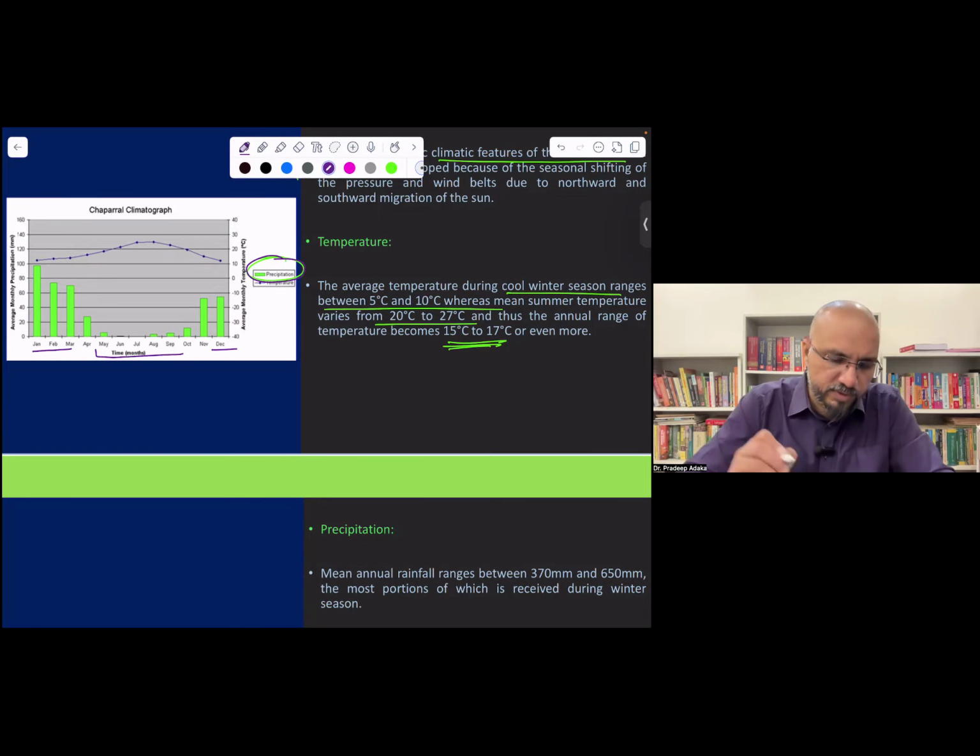Summers, you don't see much precipitation. So summers are hot and dry. Winters are mild and wet. Average temperature is between 10 degrees to 30 degrees.